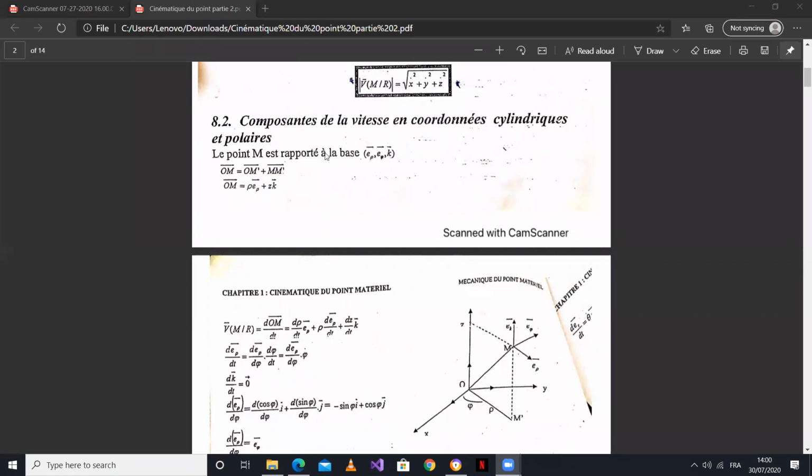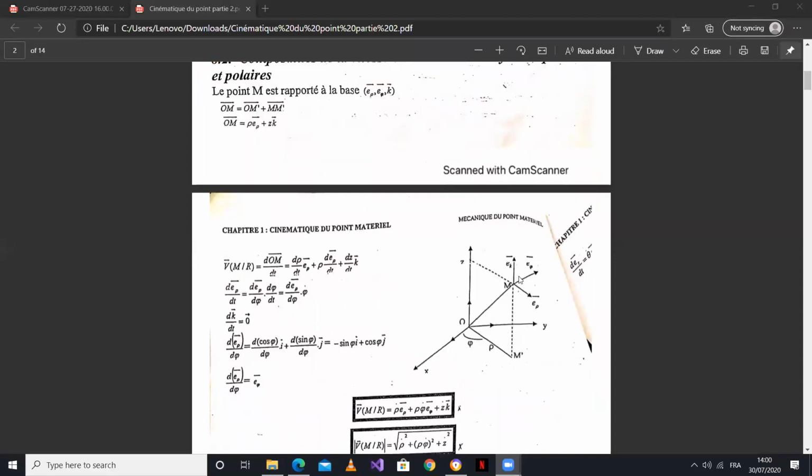Le point M est rapporté à la base e rho, e phi, and k. And we know OM. We did this yesterday. OM in the coordinate cylindric was equal to OM prime plus M'M, like that. We went from there to there and like that. And then we got our expression for OM as rho e rho plus zk.